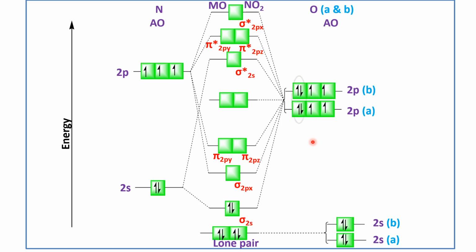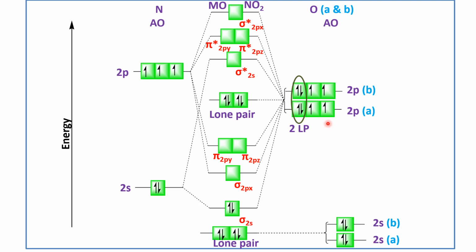Here we can say that the paired electrons form the 2 lone pairs, and they are shown at the center. So these are the 2 lone pairs. In this way there are 2 plus 2, 4 lone pairs from the 2 oxygen atoms, or each oxygen atom has 2 lone pairs. One lone pair is from the 2s and the second lone pair is from the 2p.